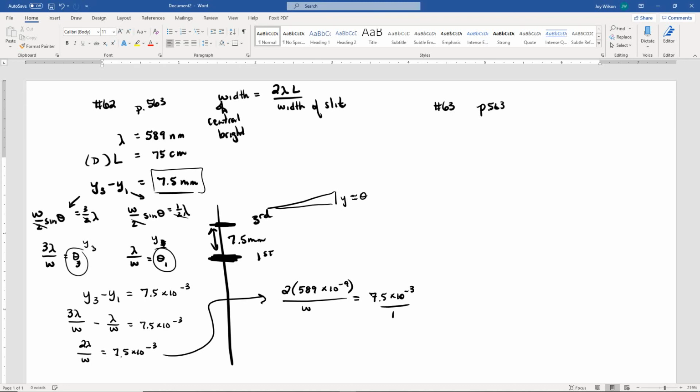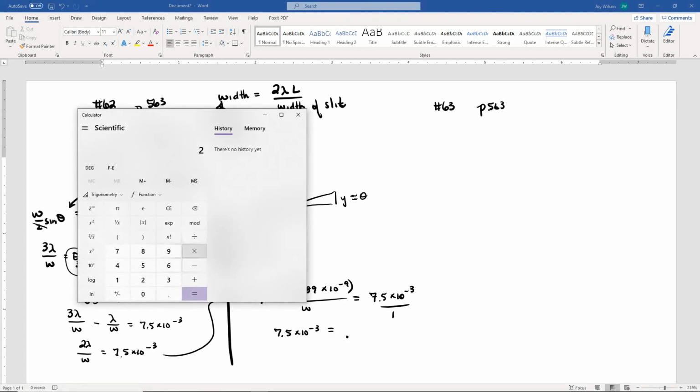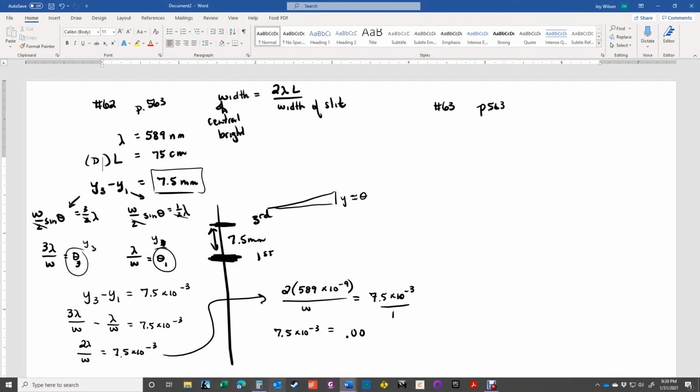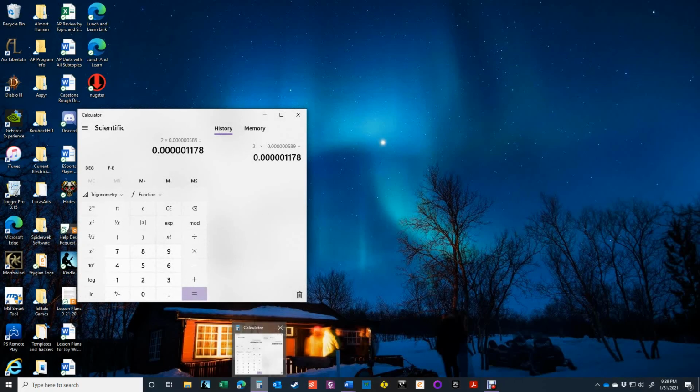So, cross multiply. I have no idea what that number is. Calculator. 2 times 589 exponent 9 negative equals 0.00000117 8. Oh, 1, 2, 3, 4, 5 zeros.